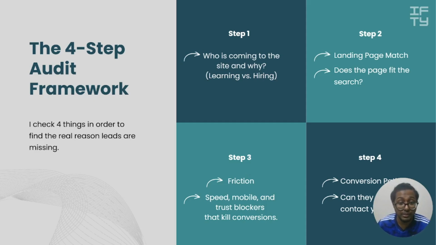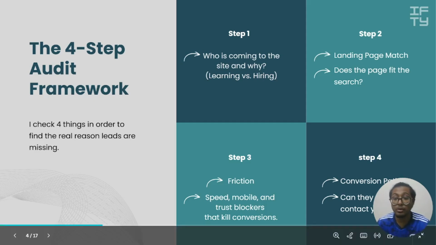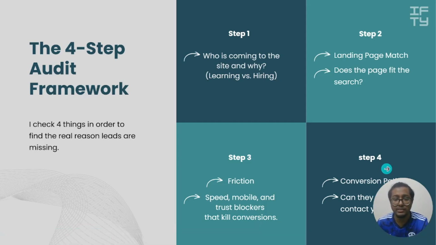And the last step, which is very important, is conversion path. Can they contact you easily? Can they contact you within, let's say, 10 seconds? Most people jump straight to backlinks or technical fixes. That's not where the money is. Fix things in the wrong order and you waste your time and budget.